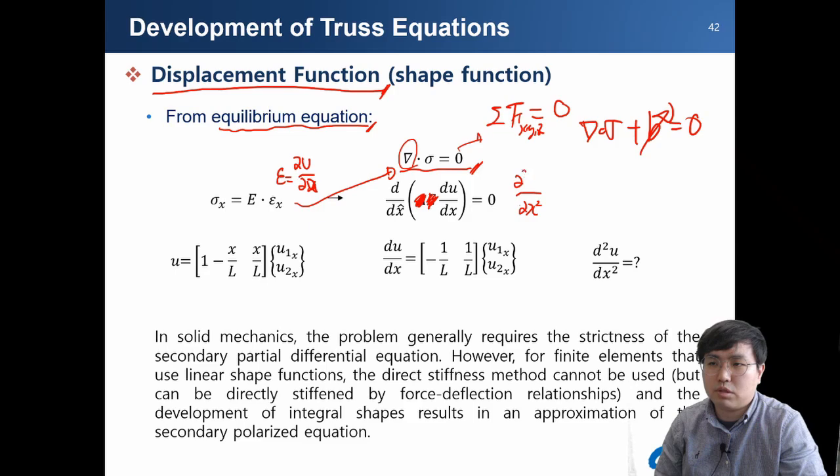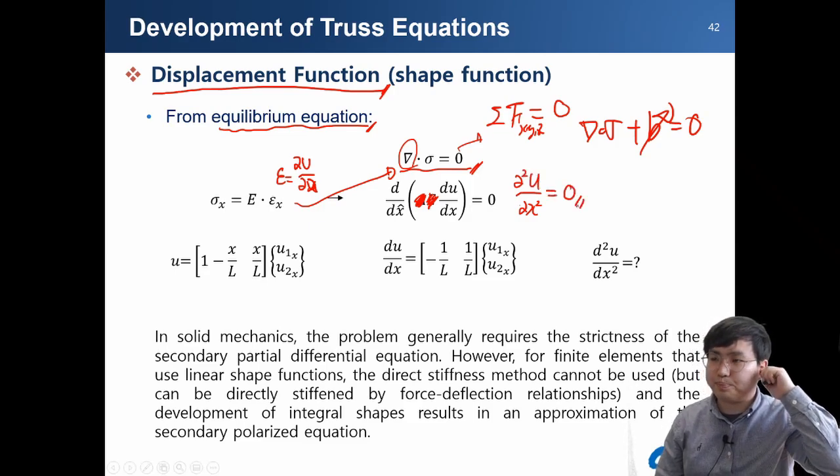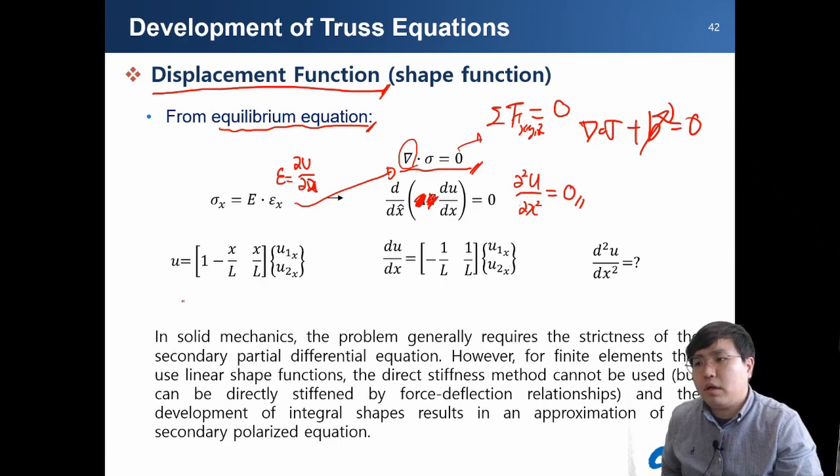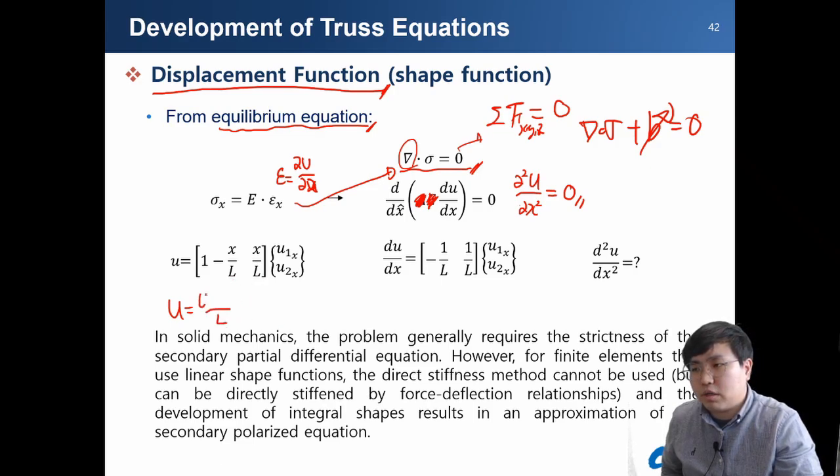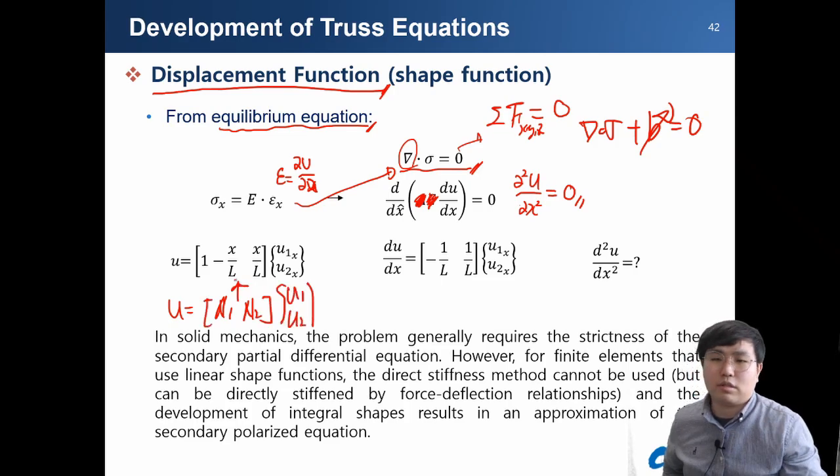So this equation looks like this. However, in the previous slide, we defined our displacement as a first order polynomial equation, and we also defined the n1 and n2 relationship.